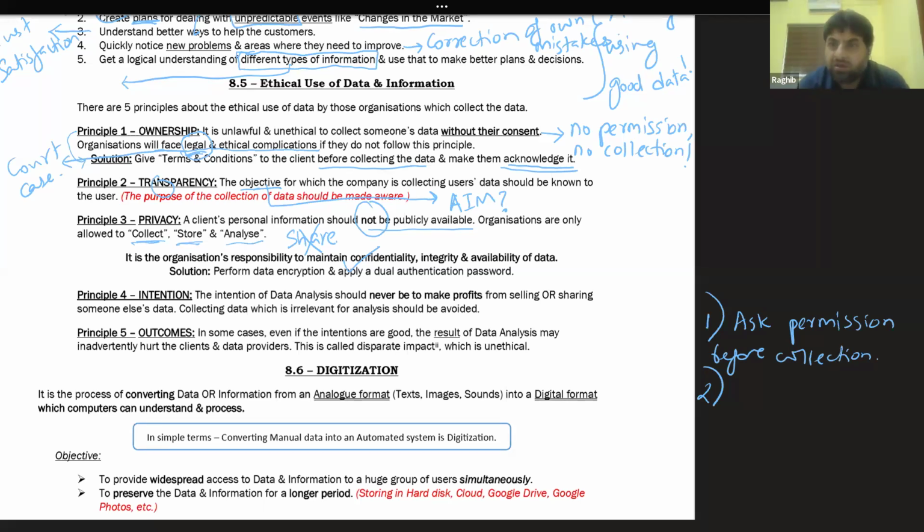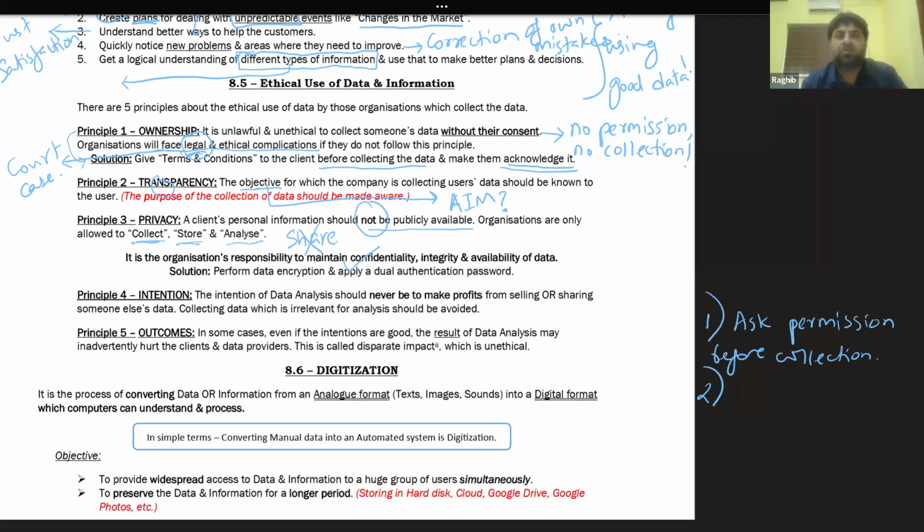Now, what has the institute got to ask the student about their marital status, whether the student is married or not? How is this data necessary in an institute which is providing commerce classes?